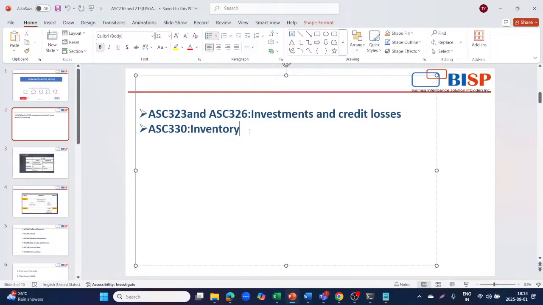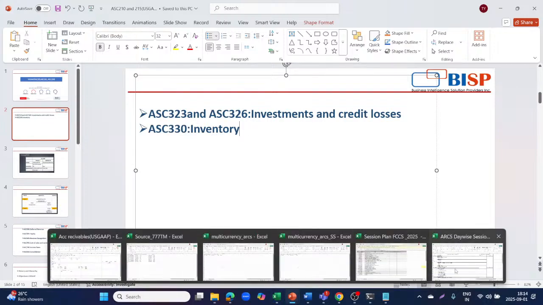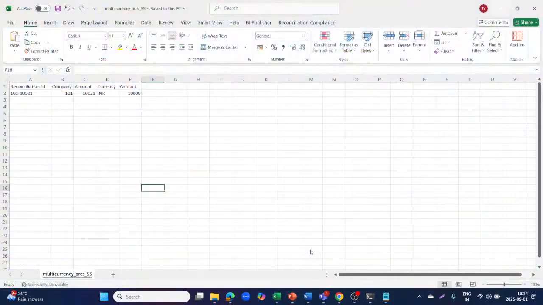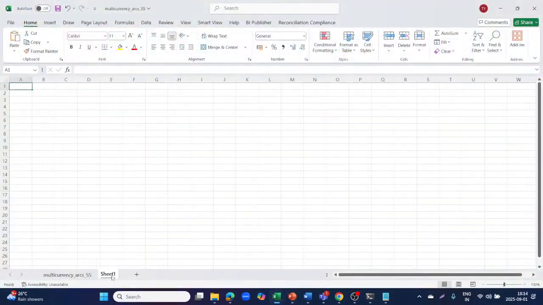Here we'll see two topics in this equity method, that is Accounting Standard Codification 323. First we'll see what the equity method is, second we'll see equity method accounting. If you talk about the equity method, here you have 0%, and I'm writing out the ownership percentages.